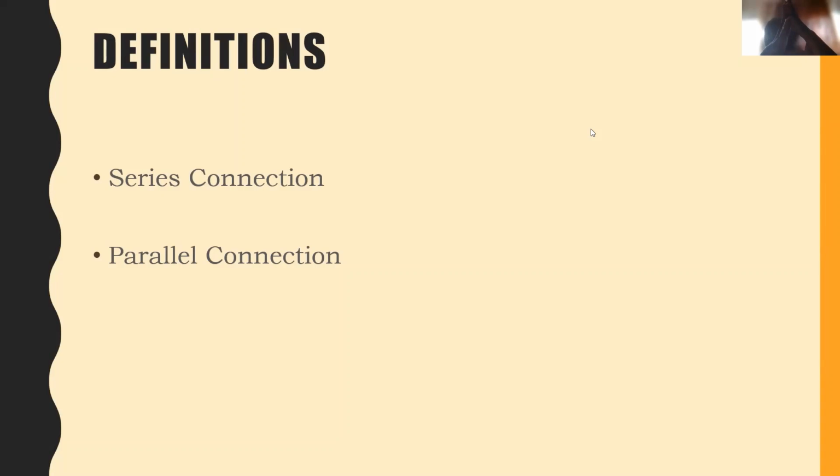Just rephrase it so that it is clear to someone who wouldn't have done the subject before. Total current entering a node divides between branches.